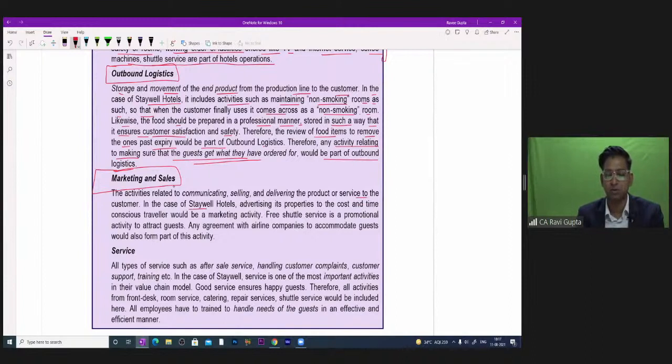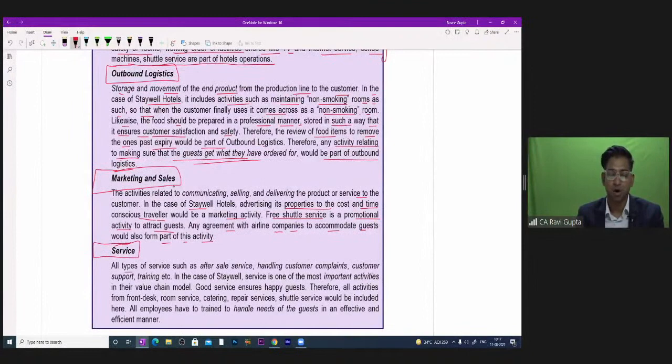In the case of a Stay Well Hotel, advertising its properties to cost and time conscious travelers would be a marketing activity. Free shuttle is also a promotional activity to attract guests. Any agreement with airline companies to accommodate guests would also form part of this activity.